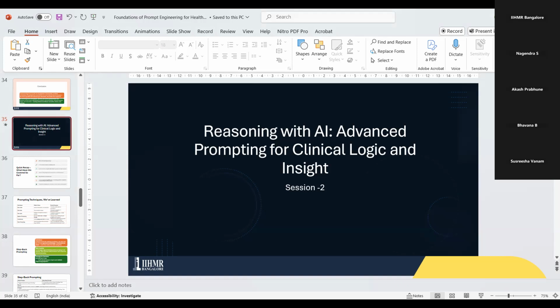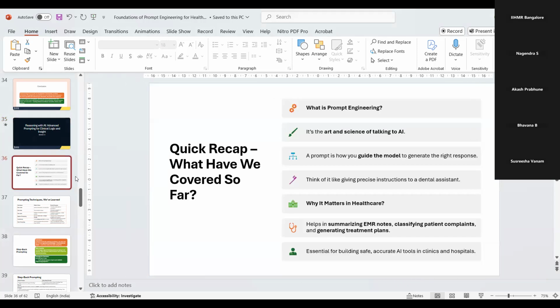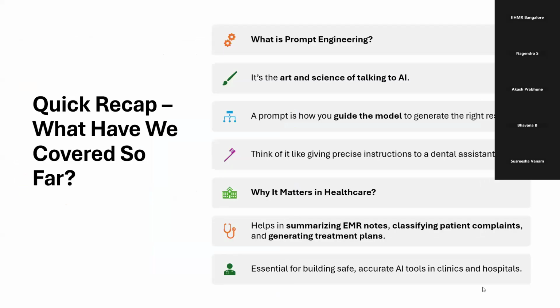Yes, sir. So welcome back, guys. We had discussed briefly how you work with your LLMs, what is a prompt, and the basics like output management, temperature, top-K, and top-P. Hopefully you have had some time to go back and play with those parameters on your own, experimenting with ChatGPT or Gemini.